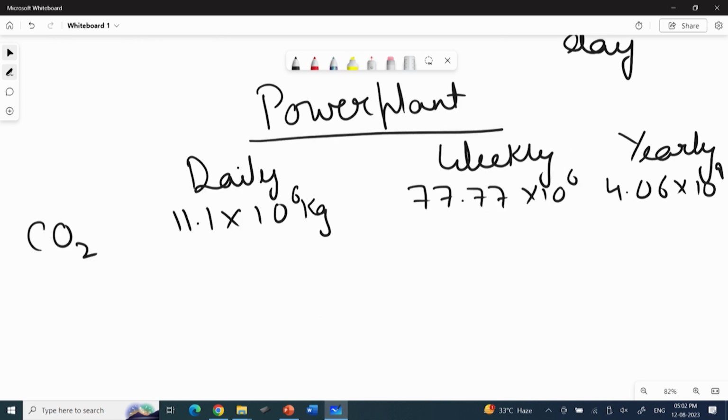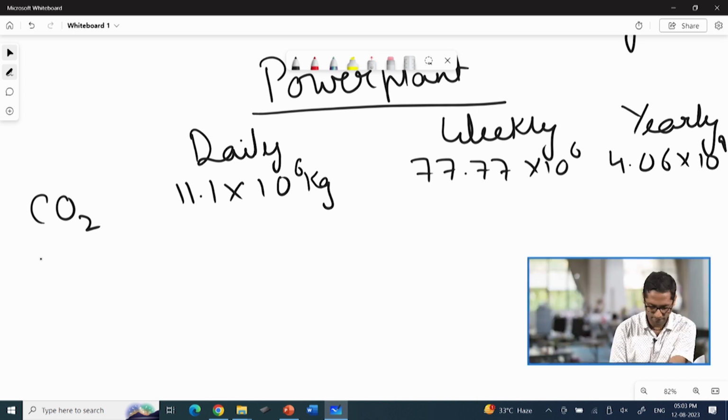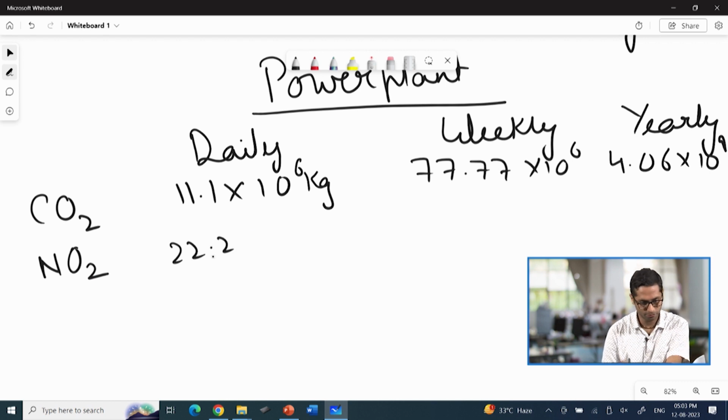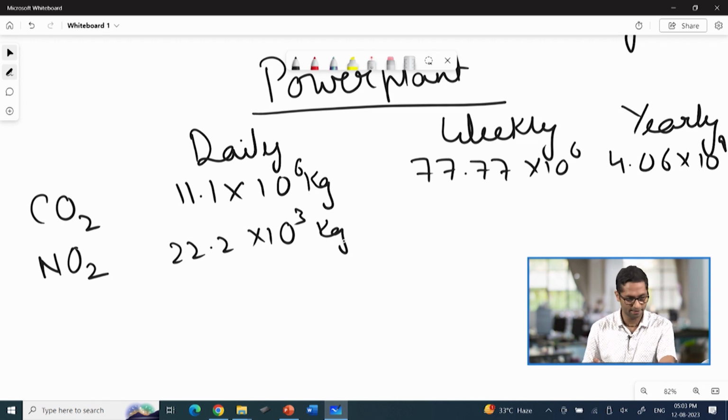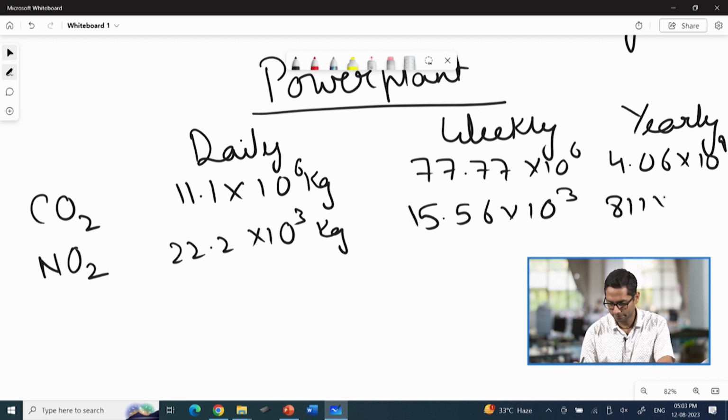Something similar could be said for NO2. This would be around 22.2 into 10 to power 3, again in kgs, all the values here are in kgs. Then 15.56 into 10 to power 3 and 811 into 10 to power 3 kgs in here.